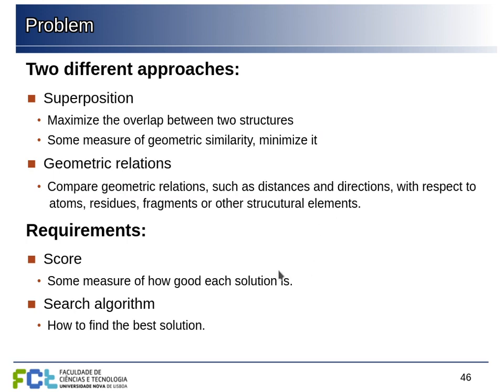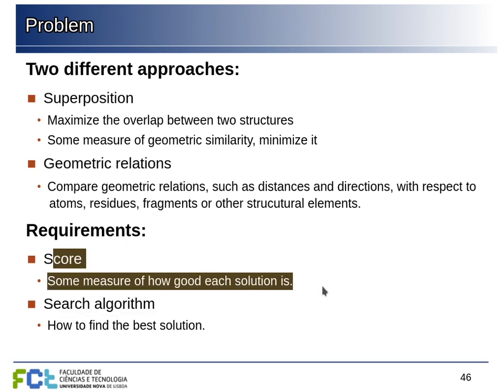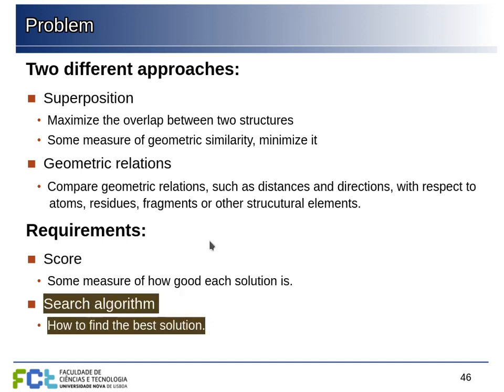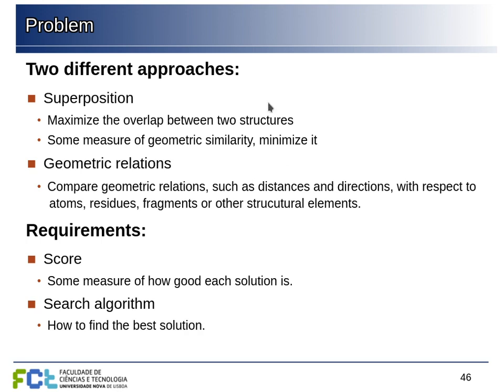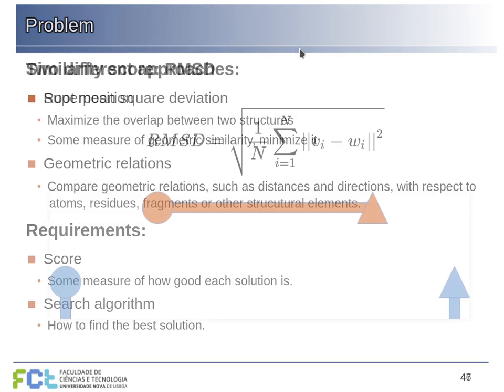But in any case, we need to have some way of scoring how different the two proteins are, and we also need to search the best ways, which parts we need to compare with each part, or how to position the two structures, in this case the two proteins. So basically this is what these algorithms have in common. They need some way to score and some way to optimize the score or search for the best matches.